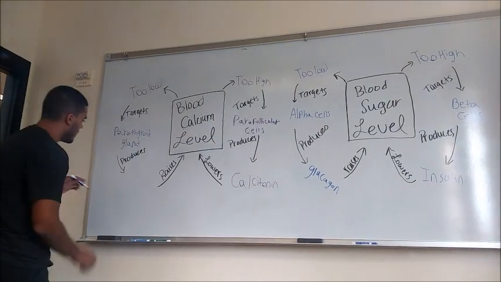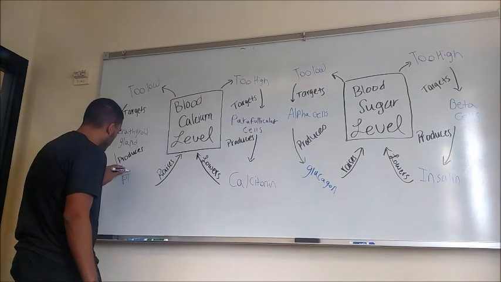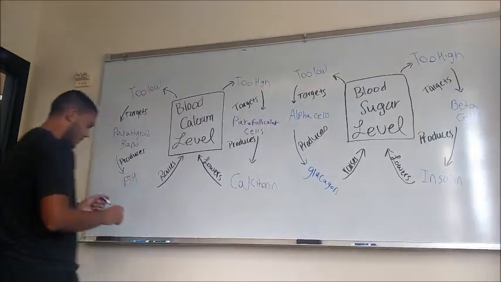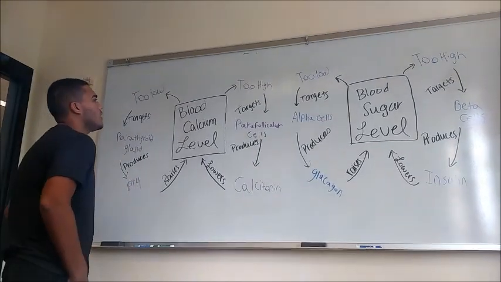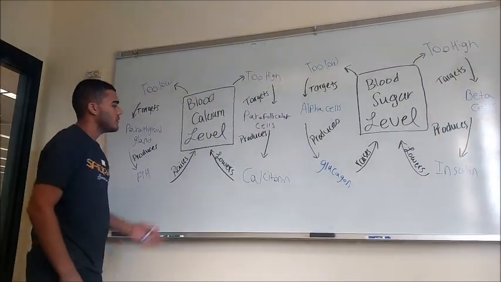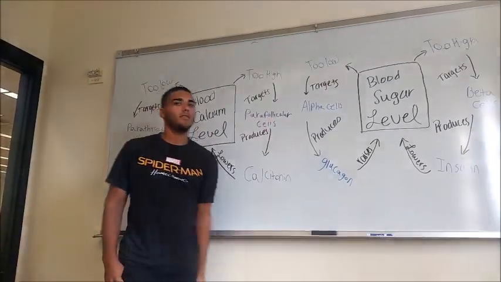And the parathyroid gland then produces parathyroid hormone, or PTH for short. And PTH then raises your blood calcium level. And that's how your body regulates both blood calcium levels and blood sugar levels.